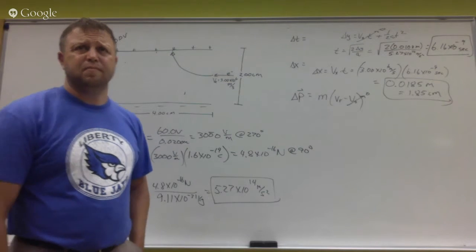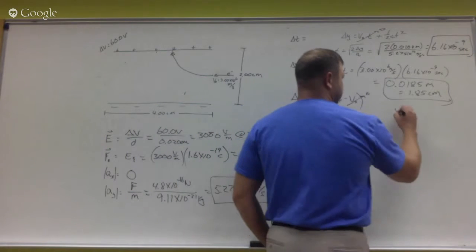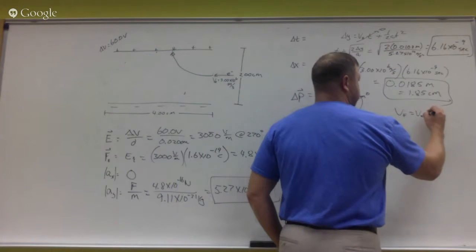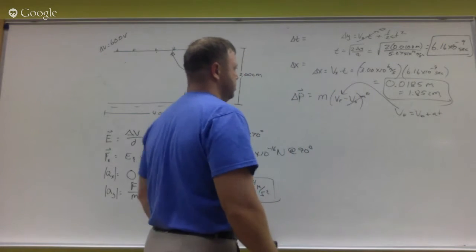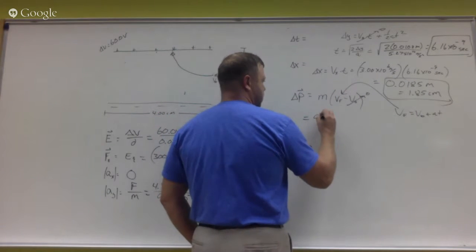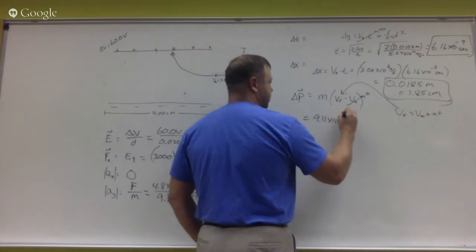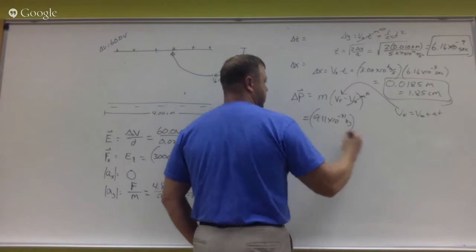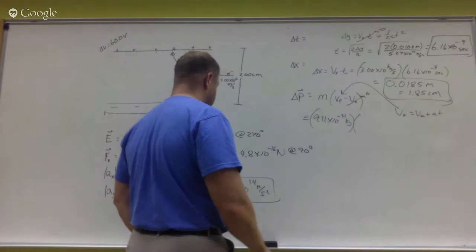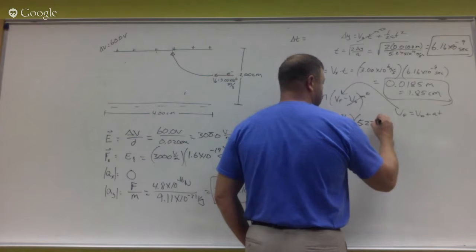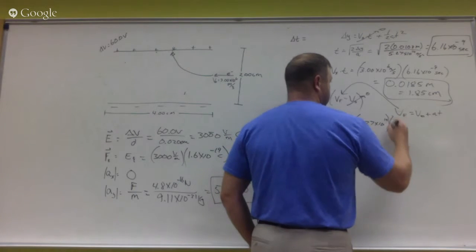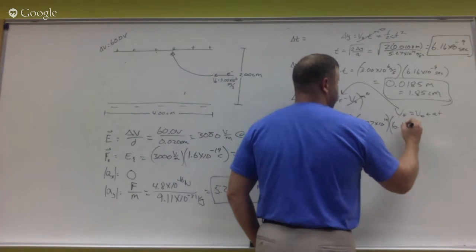Would you agree with that? V final equals v initial plus at, so I'll just sub that in. So change in momentum, 9.11 times 10 to the negative 31st times a, which is 5.27 times 10 to the 14th. Times time, 6.96.